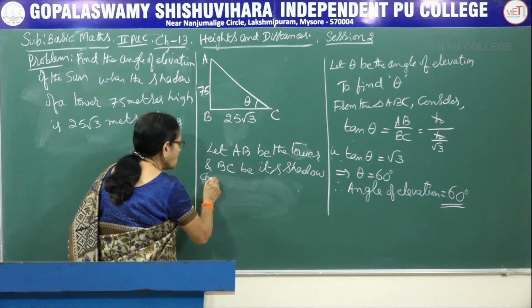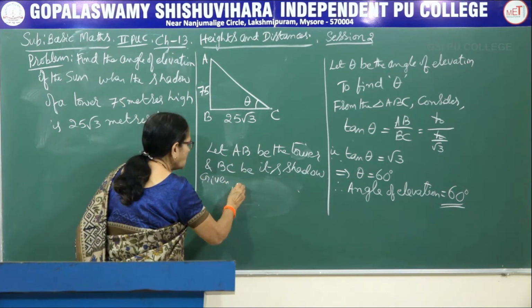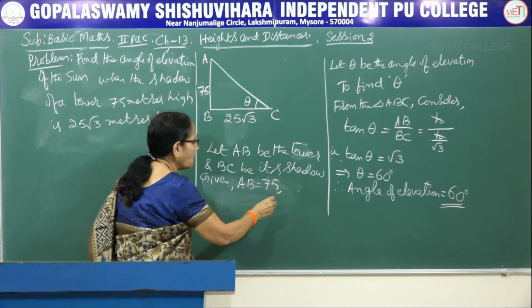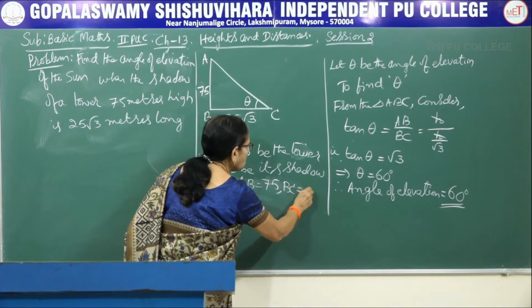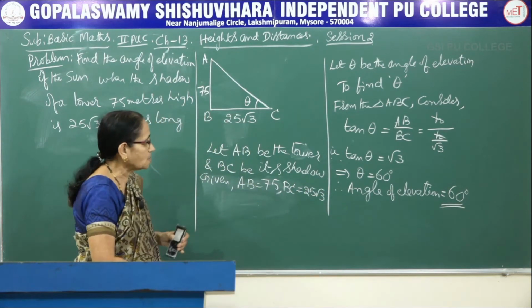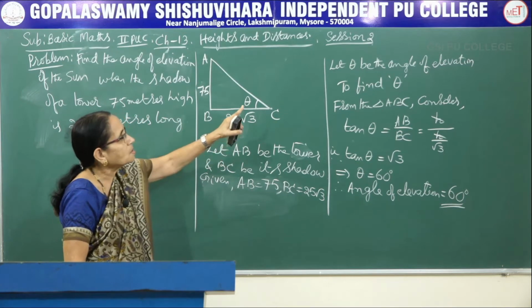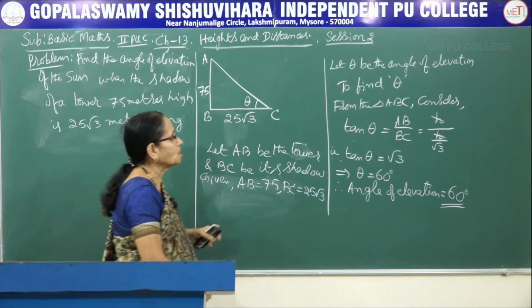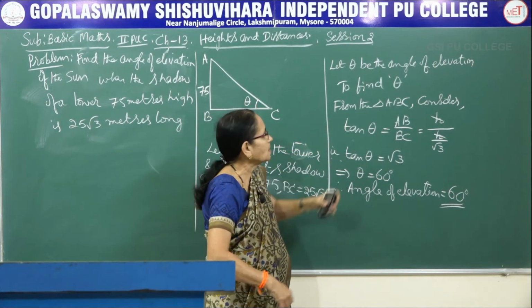So, given AB is equal to 75 and BC is equal to 25 root 3. Again I am taking theta to be the angle of elevation. Our problem is to find the angle theta.